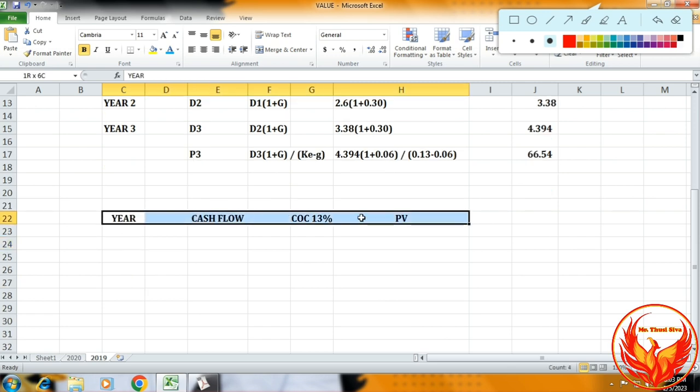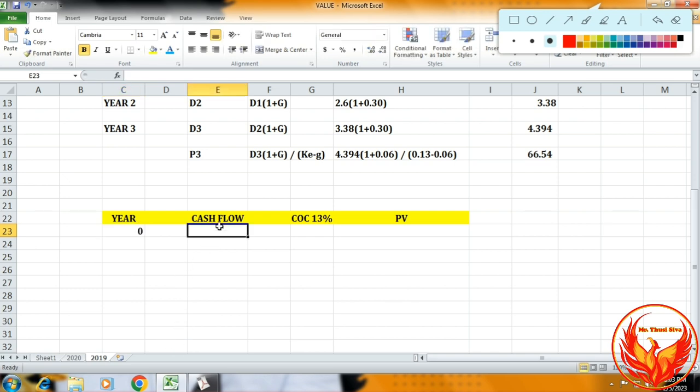In year 0, there are no cash flows, so 0. Cost of capital is 1 divided by 1 plus R, R is 0.13, upon N 0. The answer is 1. We have to take 3 decimals. So cash flow into cost of capital, present value 0.